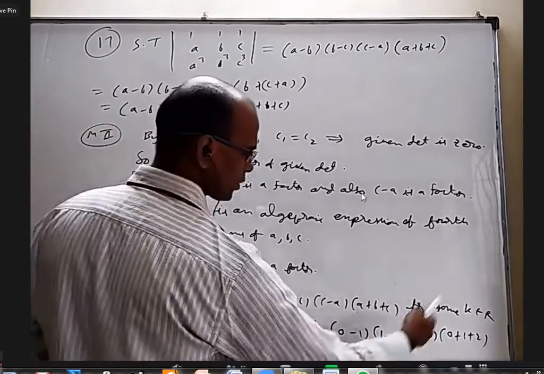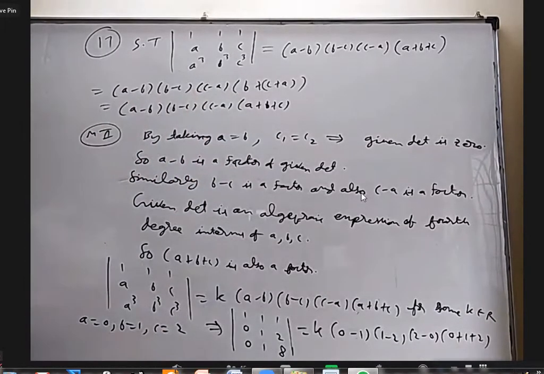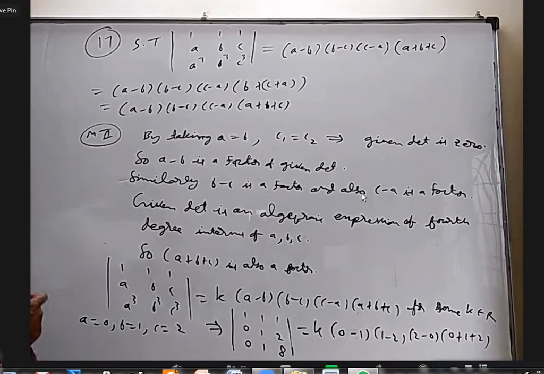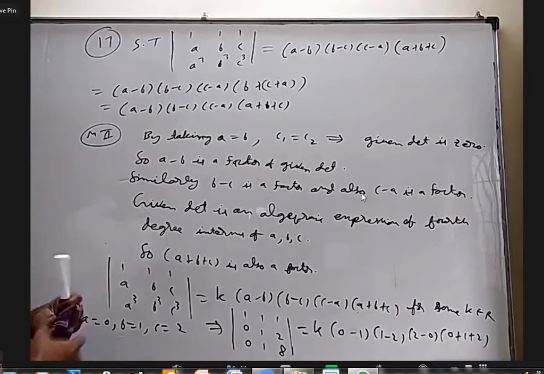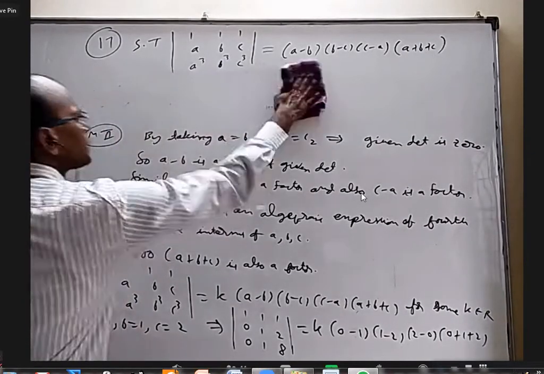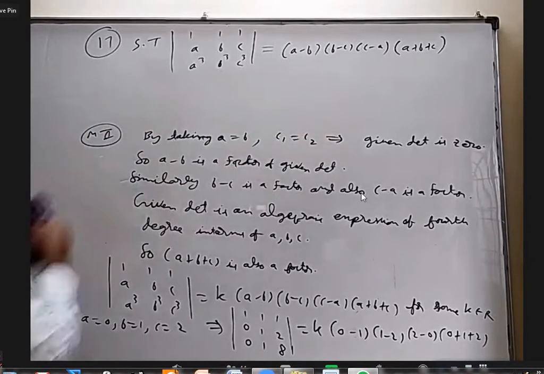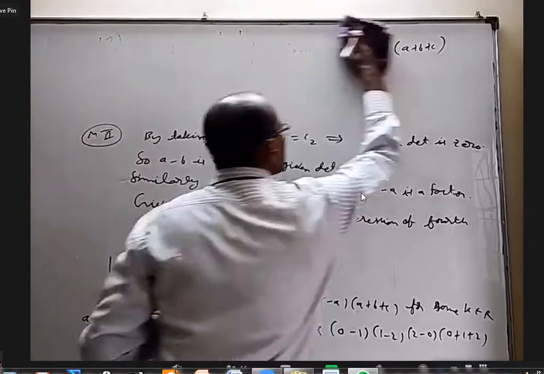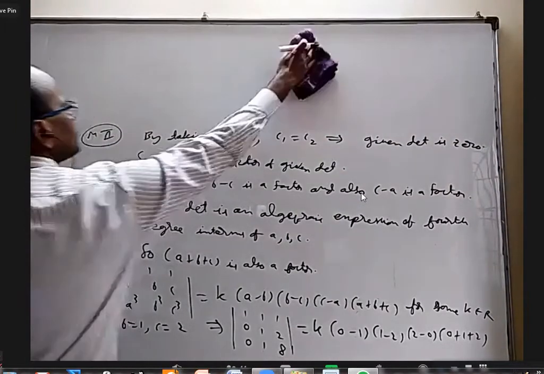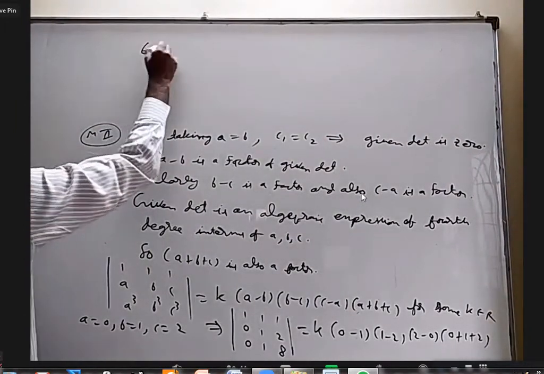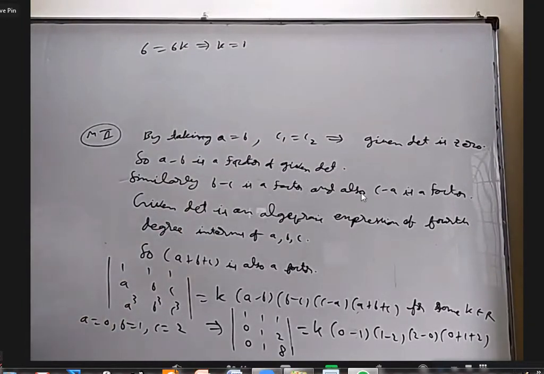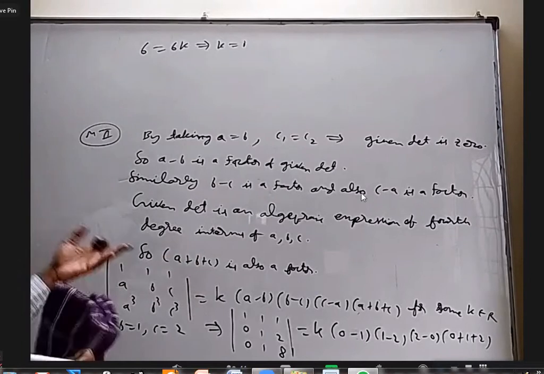Minus 1 into minus 1 into 2 into 3, 6. So I'll get 6 equal to 6K. From that, I'll get K equal to 1. And putting K equal to 1 back, we will get the answer.